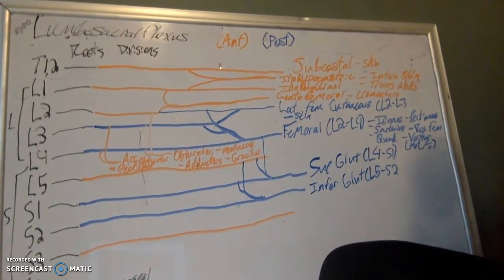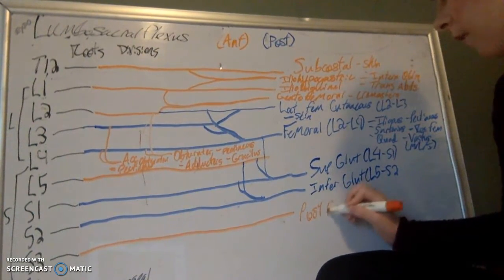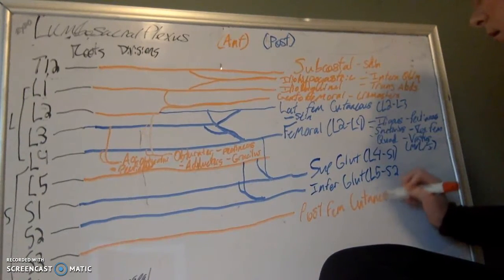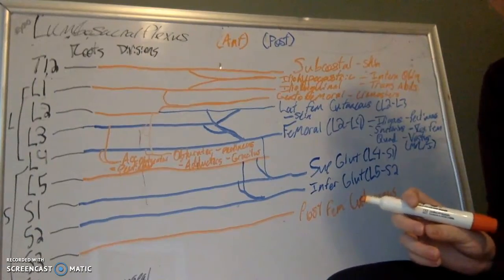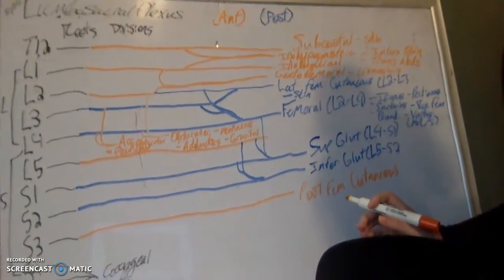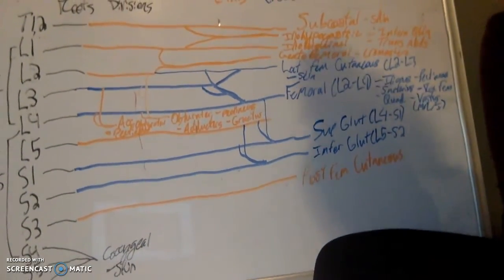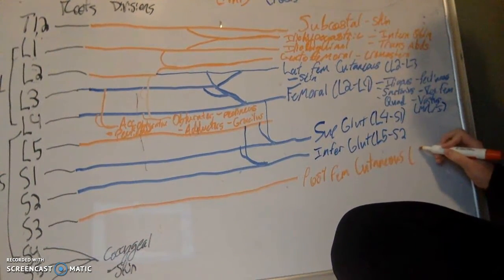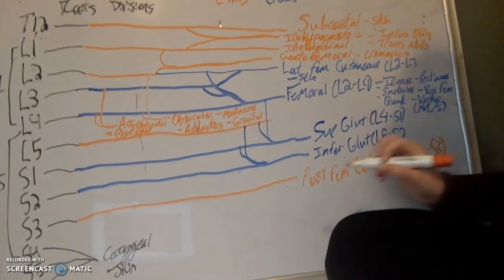And then we're going to have the posterior femoral cutaneous, and it will be receiving innervations from S1 to S3.